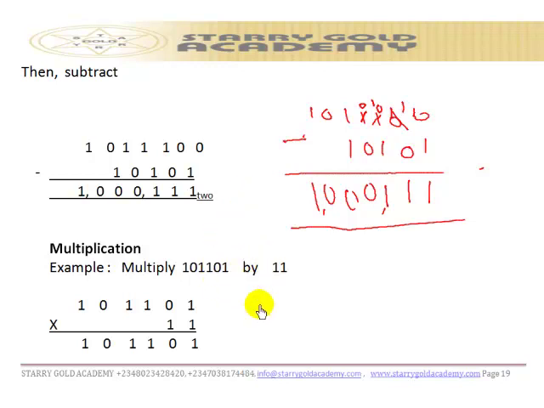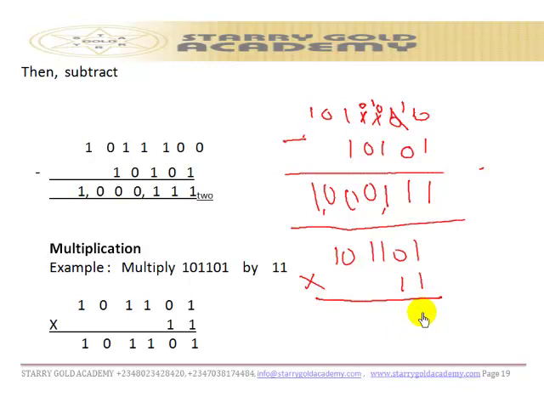So you have multiply 101101 by 11. Many of us are familiar with this kind of multiplication. You have 1 times 1. In fact, this part is very simple because anything you multiply by 1 is the same, so I really don't stress myself multiplying.